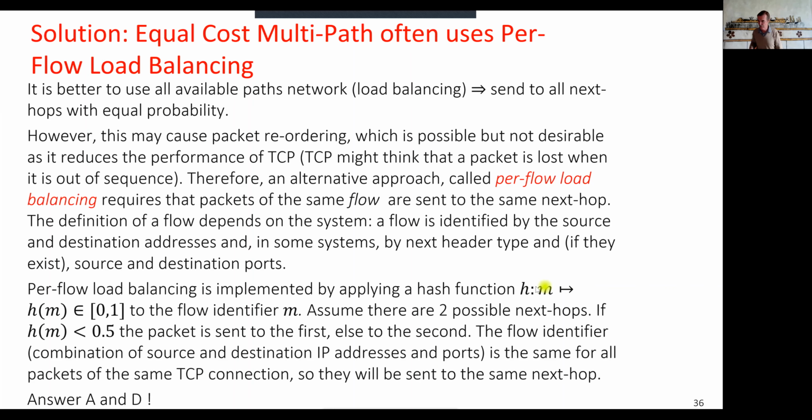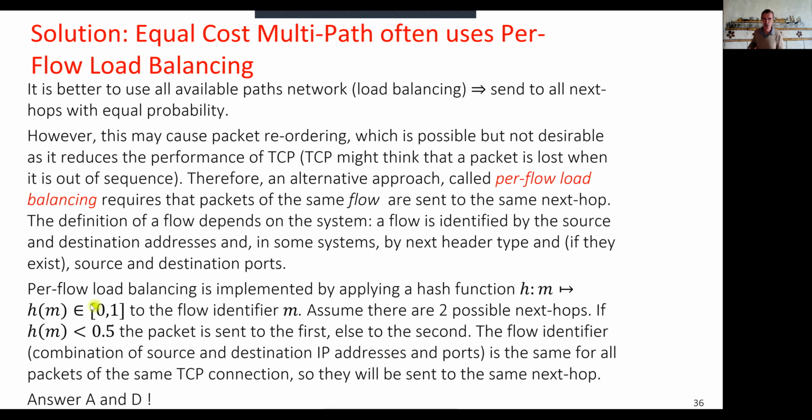Different routers will do different things. So you take an identifier of the flow, which at the minimum is the source and destination addresses, and you hash it. A hash is a function that produces something that appears to be random between 0 and 1. And then you can do the following. If the hash value is less than 0.5, you take the first decision. If it's larger or equal, you take the second decision.